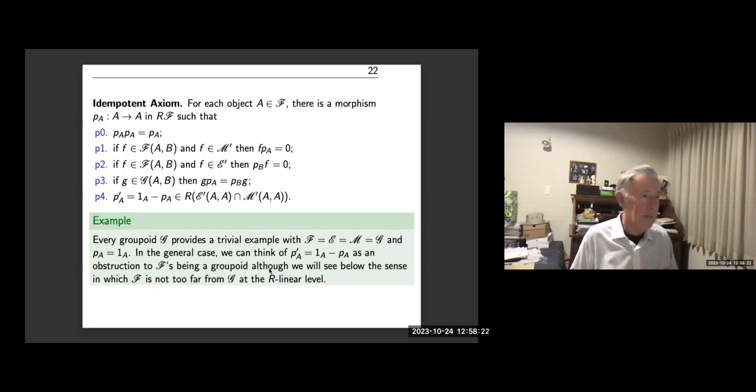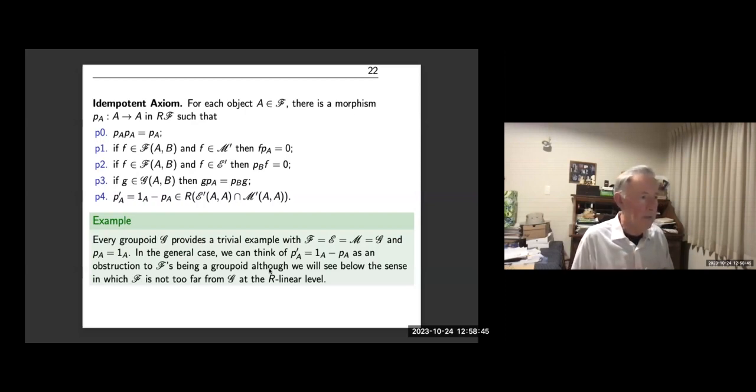Okay, so the kind of structure I want besides the factorization system is this thing I'm calling the idempotent axiom. So for each object, I want a morphism from A to A such that it's an idempotent.